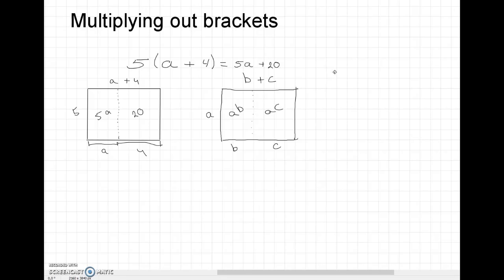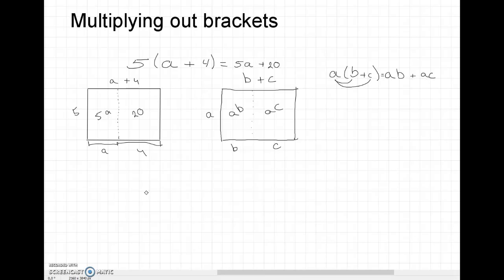And that tells us that a times the whole side, (b plus c), should be equal to ab plus ac. And that gives us the general rule that if I multiply a number with a sum inside the brackets, then I can multiply out the brackets by multiplying a with b and a with c and adding that together.